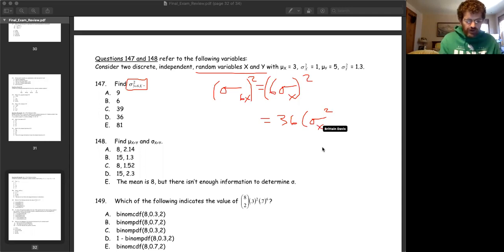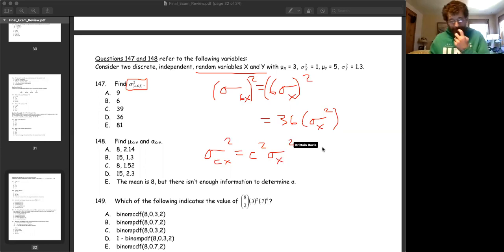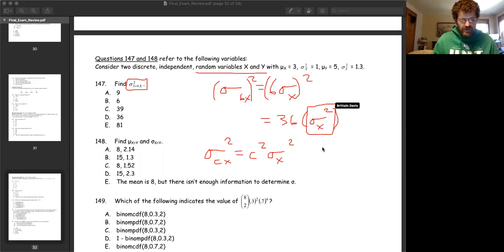Remember, and I'll just write this in a general way. If I have the standard deviation of c times x, or the variance of this is going to be c squared times standard deviation of x squared. And that is a formula that we introduced. I don't think we ever used it, which is why this seems new. But basically, I can just take the variance of x and I can multiply it by 36.